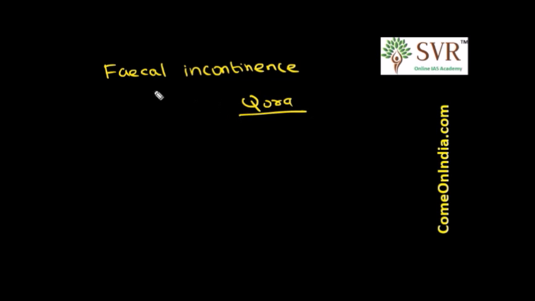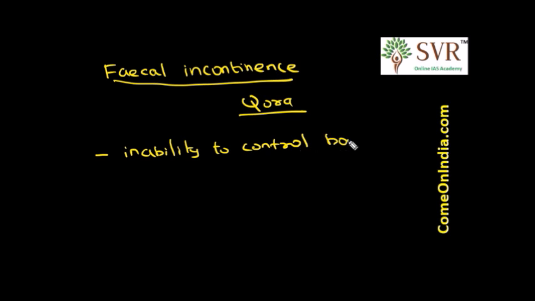Now let's discuss about fecal incontinence and Cora. What do you mean by fecal incontinence? It is a medical condition featured by inability to control one's bowel movements, and it causes stools or feces to leak unexpectedly from the rectum.